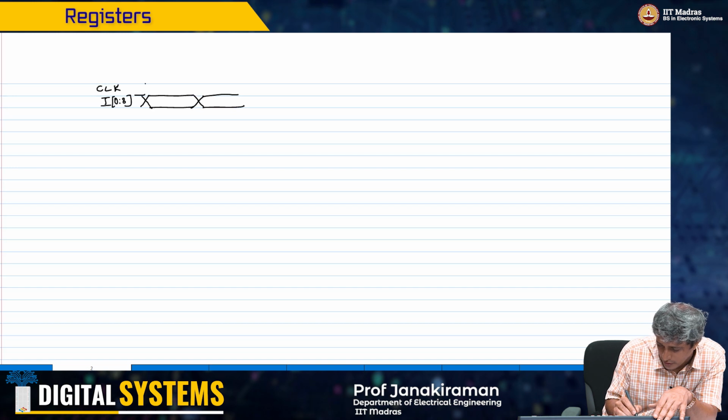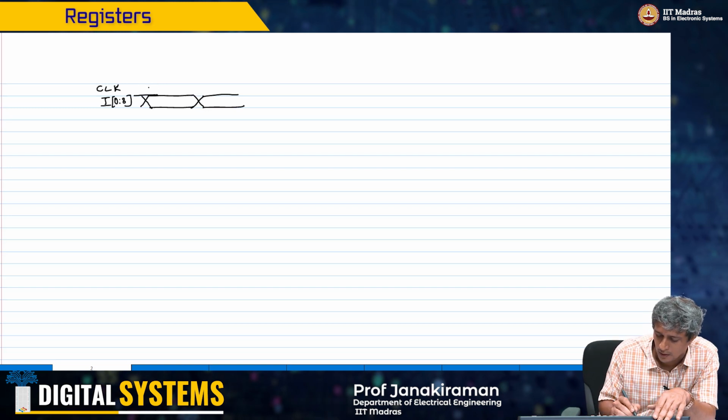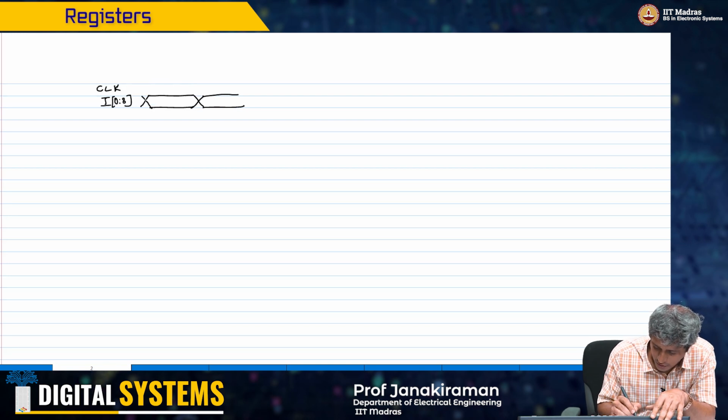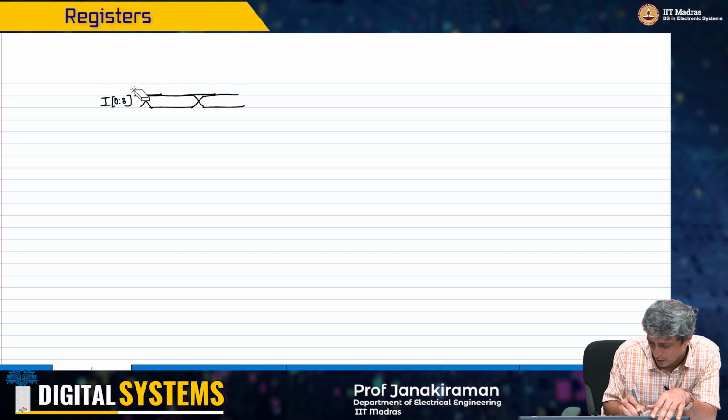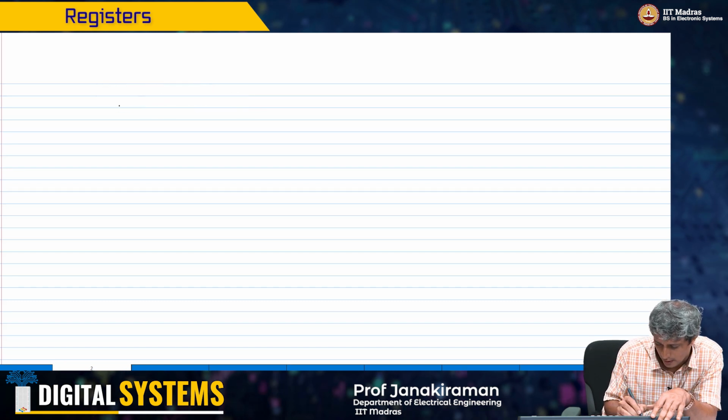So the rising edge, the sampling edge, must always happen well after the change.